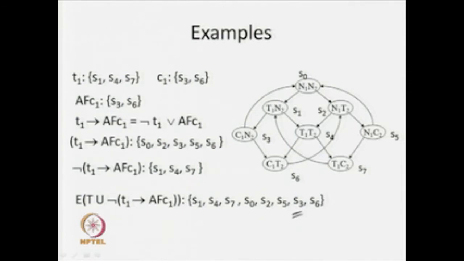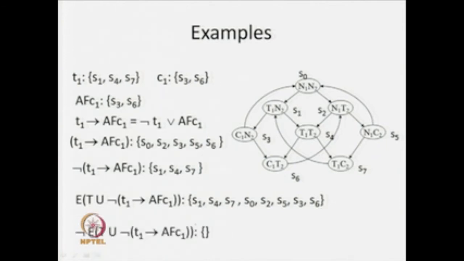From S3 we will see its successor S6. In S6 it is labeled with true, and S3 is labeled with the given formula, E true until not of T1 implies AF C1. So, S6 will be included in this step, and for the second predecessor we need not look into it. Since there is a change, again we will go into it.